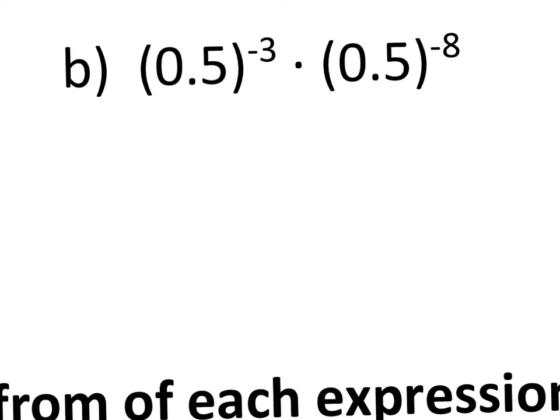Okay, so now on this guy, again, we have to have the same base, so we have 0.5. So I've got 0.5. And then when I'm looking at this, I'm going to add up the exponents. So I'm going to add them up. And when I do that, I end up with negative 3 plus 8 is negative 11. Okay, and normally we would not leave a negative exponent, right?